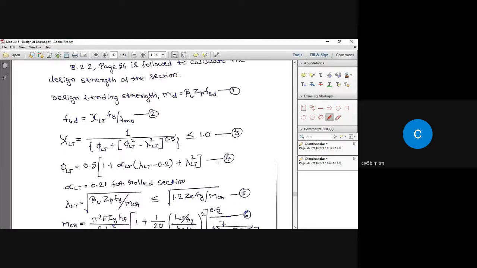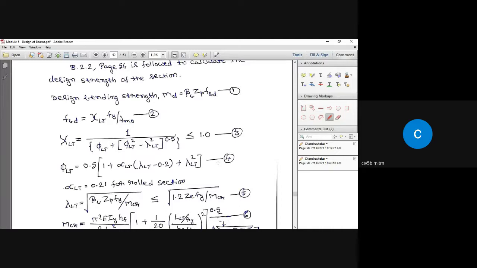Again, we need to know what alpha LT and lambda LT are. How do you find out? Again, you go down. There you will see alpha LT equal to 0.21 for rolled steel section and alpha LT equal to 0.49 for welded steel section. Ours is a rolled steel section. Take alpha LT equal to 0.21. So one unknown is known now.